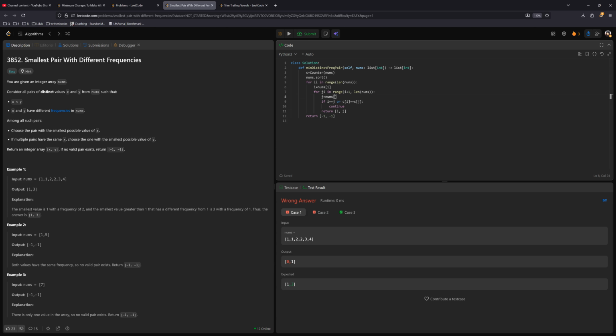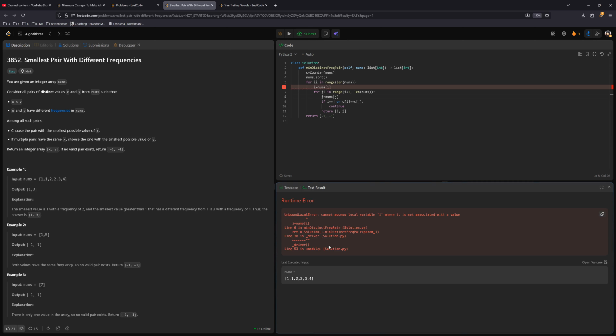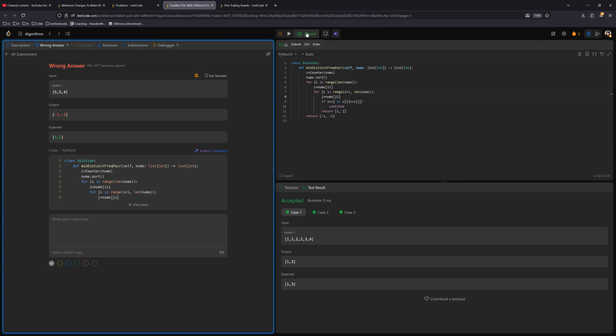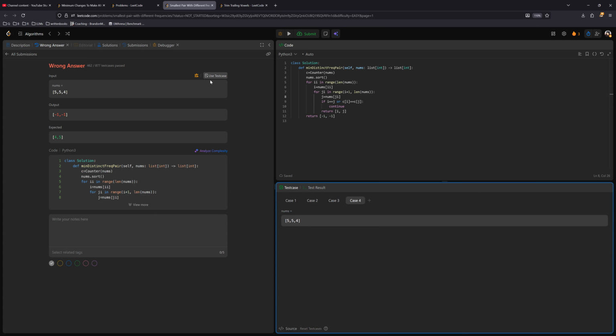J equals nums of j. All right. I think I did a pretty bad job there. Now, what is going on here? I sorted it, right? I was not expecting a problem like this.